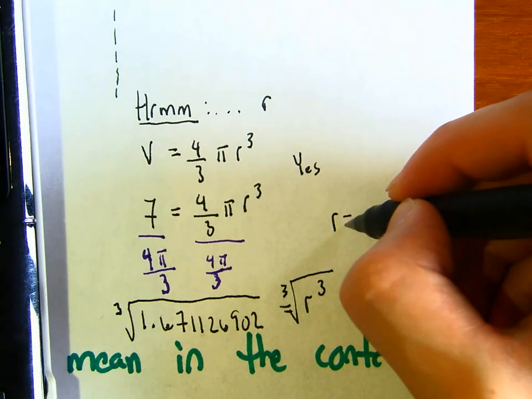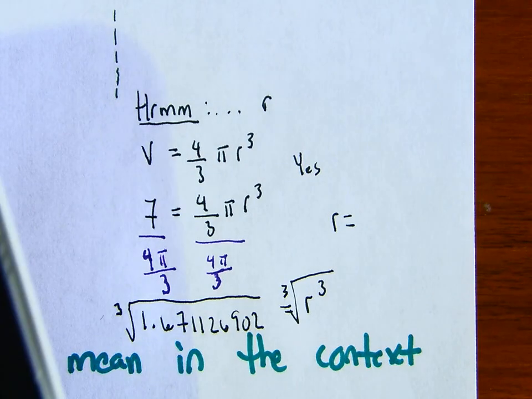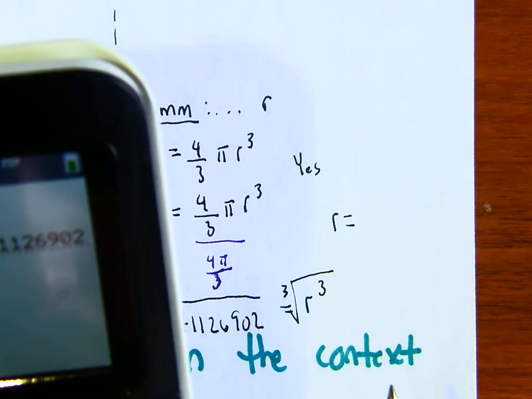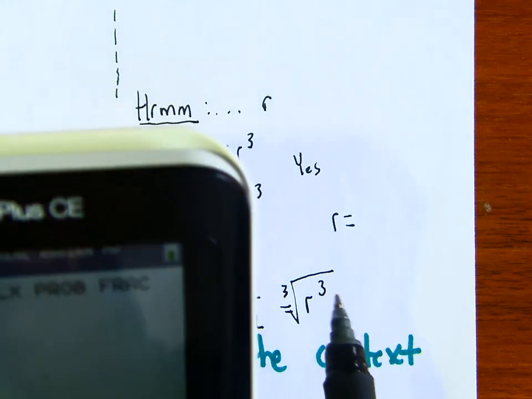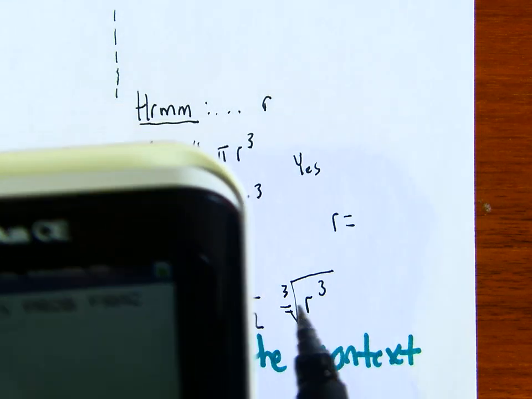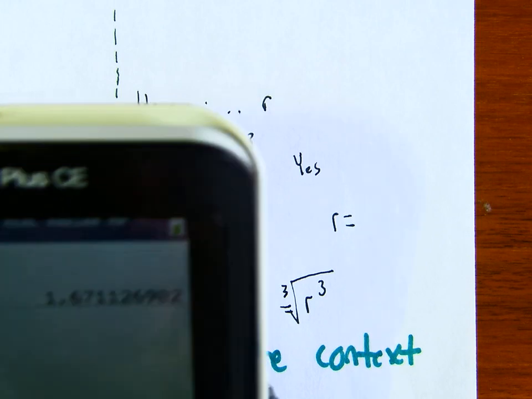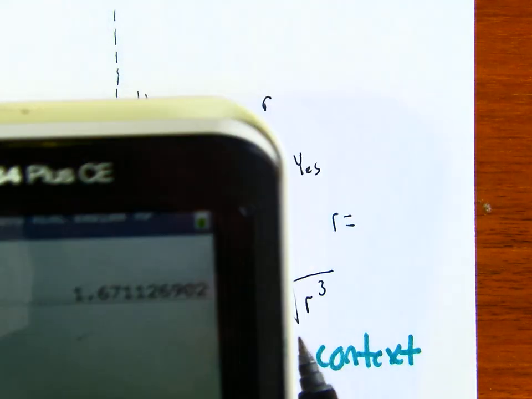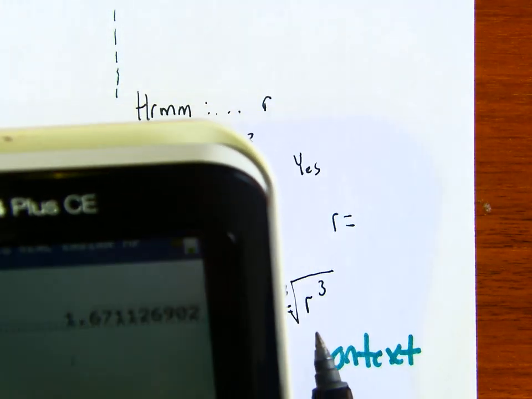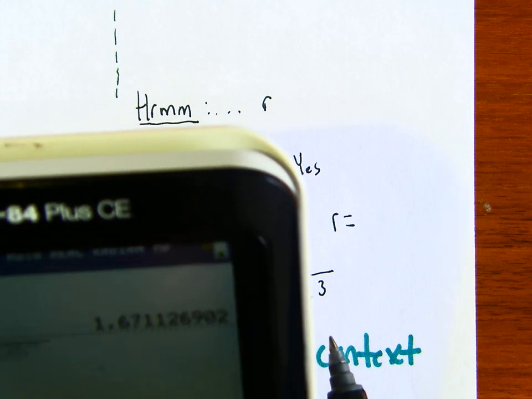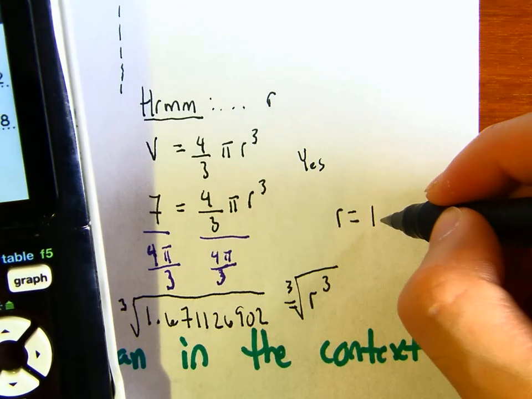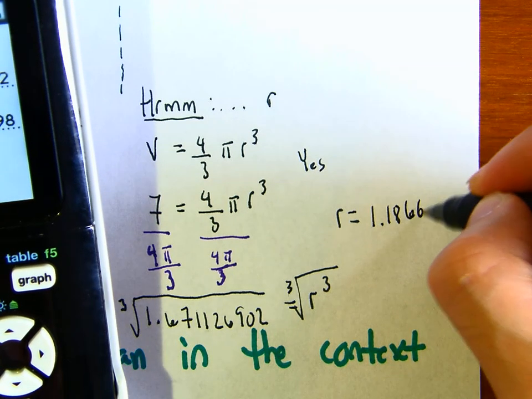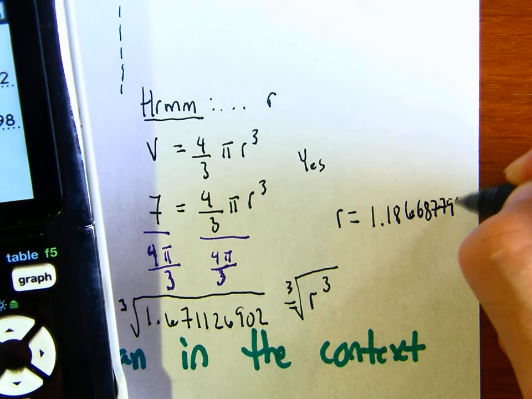So now r is equal to, how do I take the cube root? Math, cube root. Now I'm going to type in 1.671126902, and that's equal to 1.186687798.